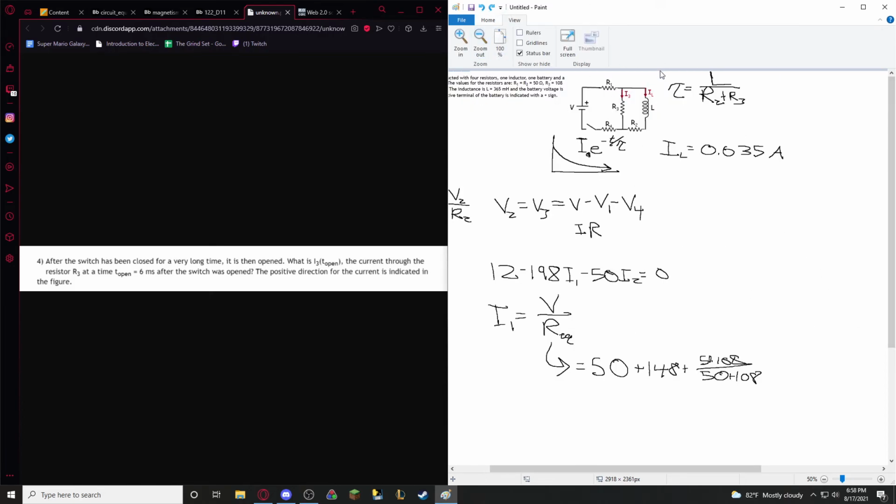You find the initial current, which you know is as if the inductor isn't there, and then that current is going to continue when the battery is disconnected, and it's going to slowly dissipate, and the current is going to continue to go in the same direction as it was before. So that means that I3 would have to be going upward.